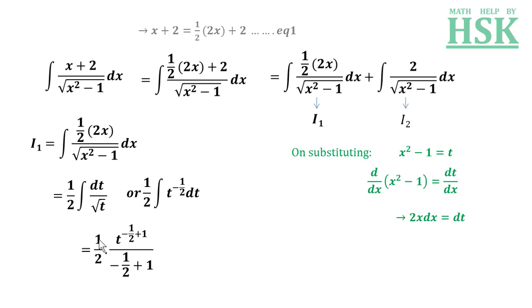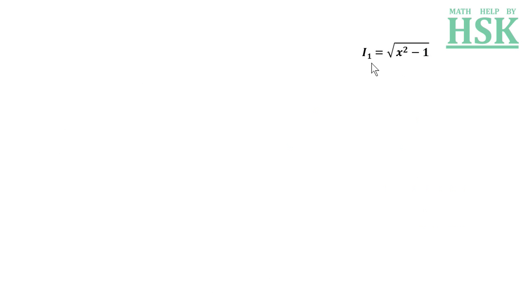On integration, I am going to get this as 1 by 2 as it is, t to the power of minus 1 by 2 plus 1 upon minus 1 by 2 plus 1, which is equal to 1 by 2 times t to the power of 1 by 2 upon 1 by 2, which is equal to square root of t, or x square minus 1 inside the square root sign. Okay, remembering that I1 is equal to square root of x square minus 1.